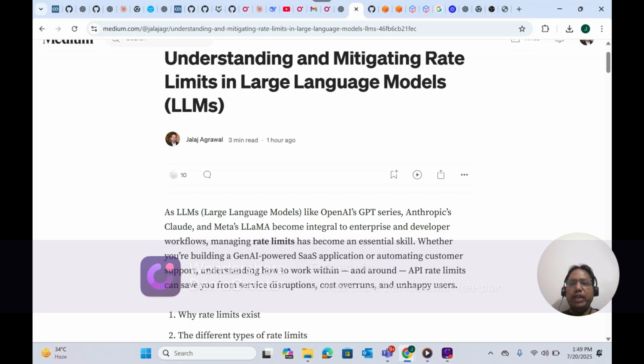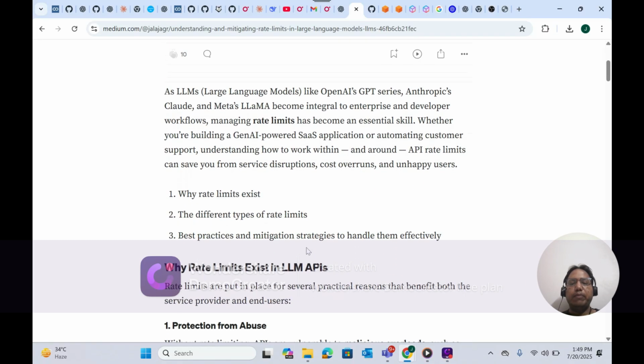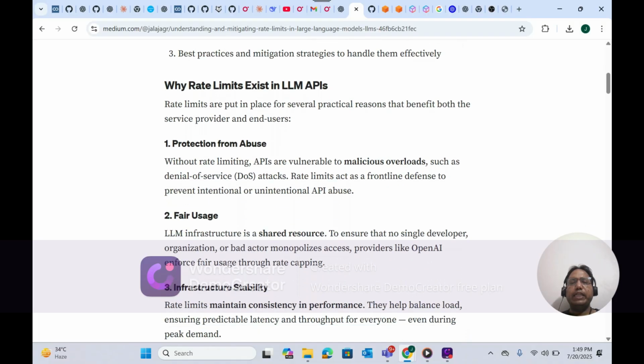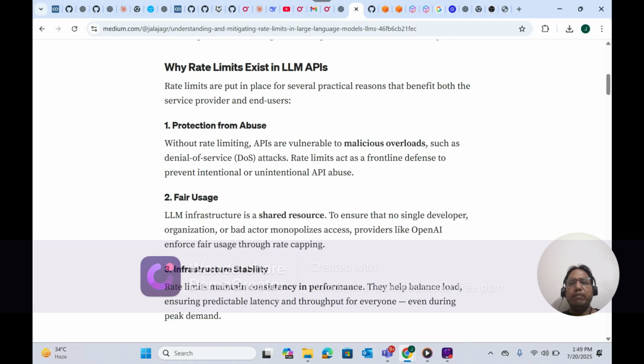Okay, first, why have all the companies put a rate limit? They put the rate limit because they want to prevent abuse, like if any DoS attack or any malicious attack happens to their model, so they want to prevent that kind of attack. The second reason is fair usage.